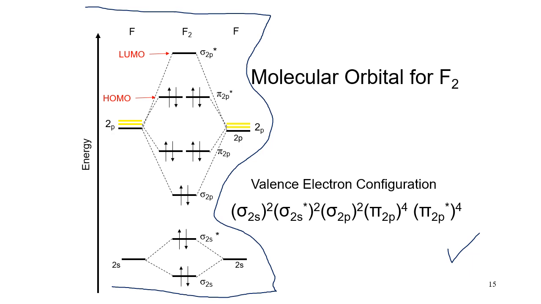It starts with sigma 2s with 2 electrons, sigma 2s star with 2 electrons, sigma 2p with 2 electrons, pi 2p with 4 electrons, and pi 2p star, which is anti-bonding, also with 4 electrons. So this is actually anti-bonding.